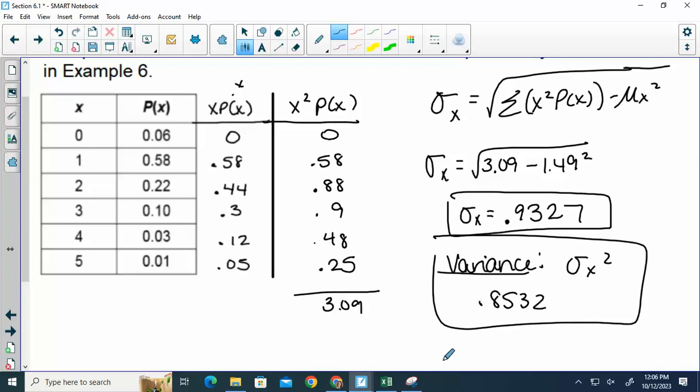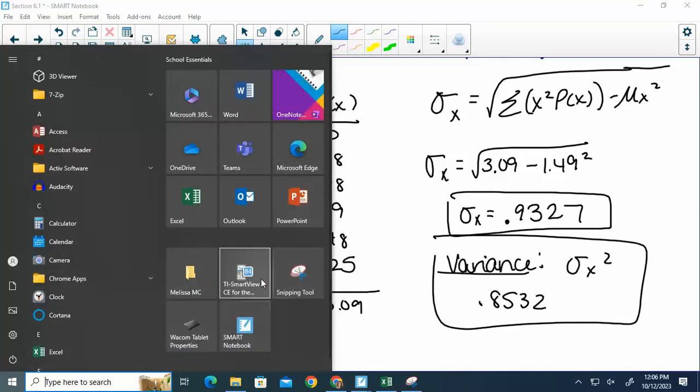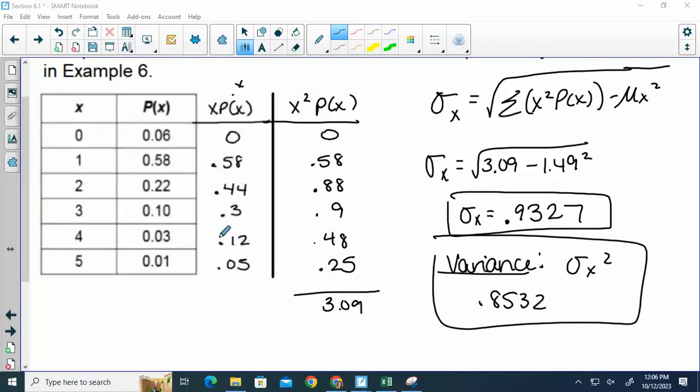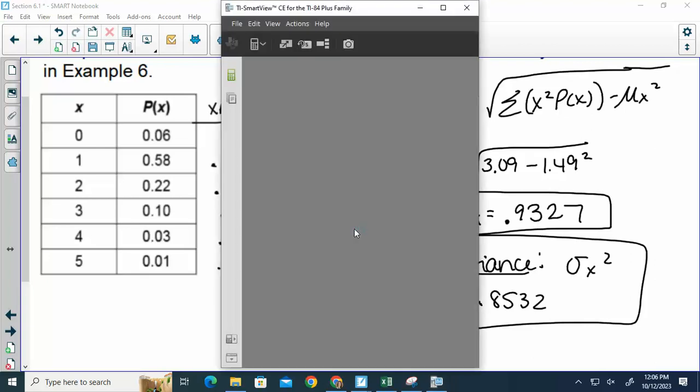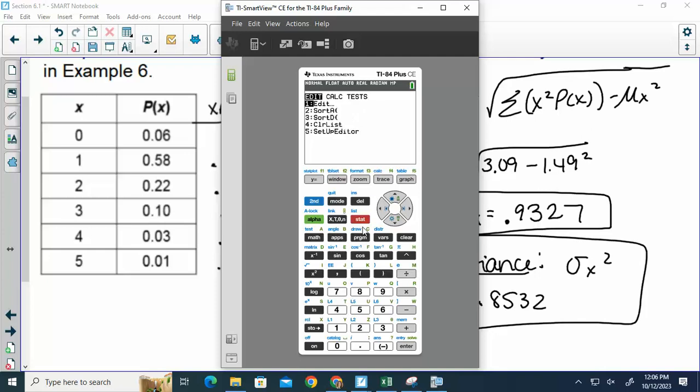So let me show you how to do it on your calculator. If you go to your list, so if we just go to Stat Edit, okay, what I want you to do is enter your X values in L1 and your Y values in L2.